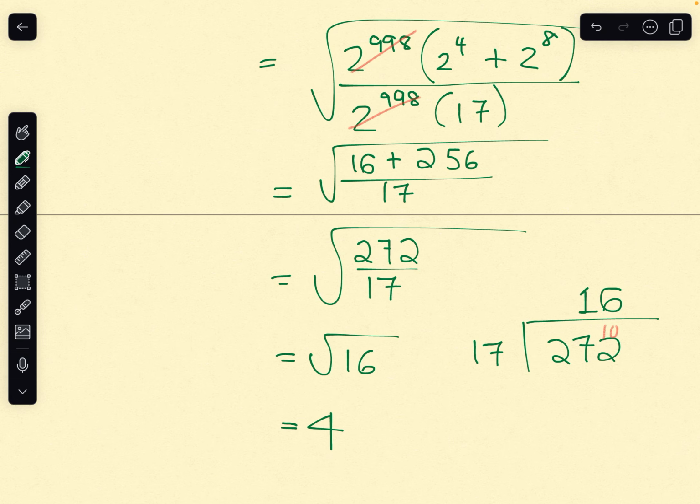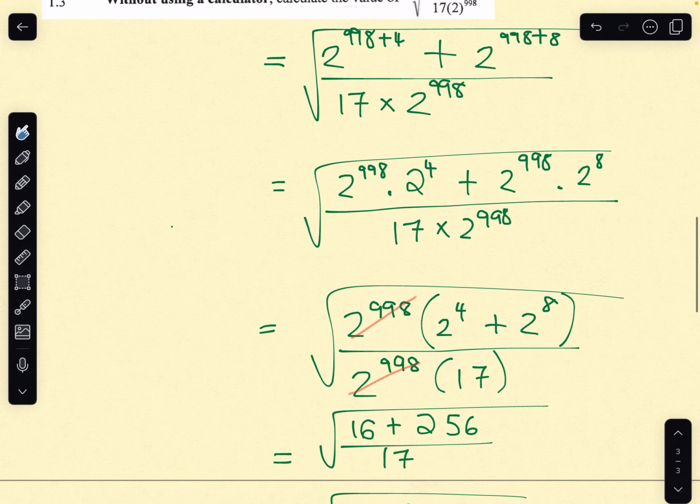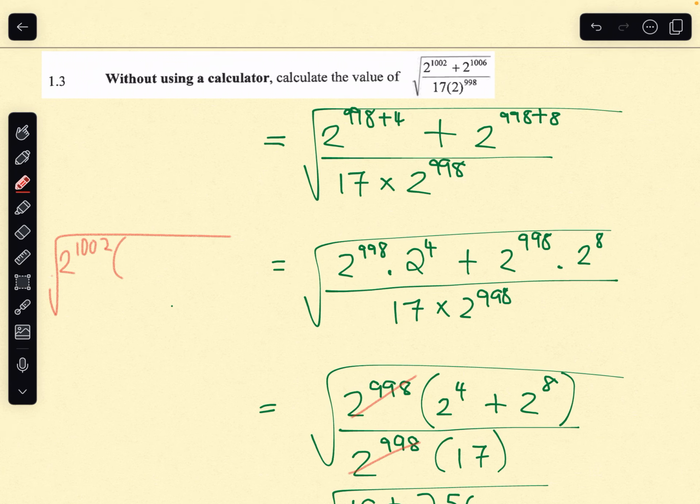Anyway, so very cool. A nice approach from them is that, instead of just trying to cancel the 2 to the 998, they did go ahead and factor out. So let's do this kind of in parallel. They went ahead and they factored out the highest common factor, right? So they factored out the 1002, so that in the first term, we're just left with 1.